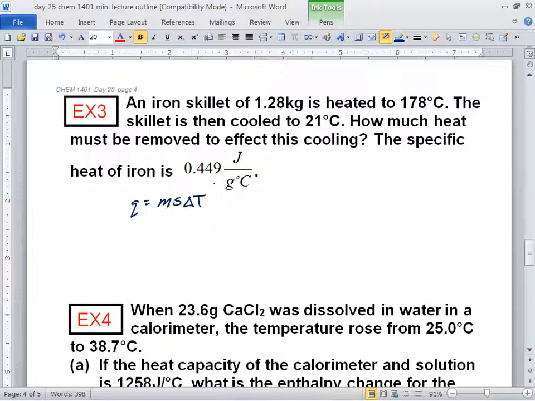Just watch your units. Just be careful with the units. They give me joules over grams per degree Celsius. Yeah. So it would be joules for specific heat. Yeah, so specific heat, s, is 0.449 joules per gram degree Celsius.